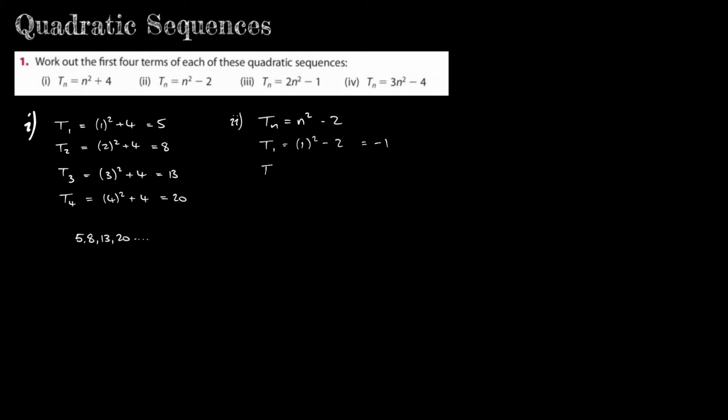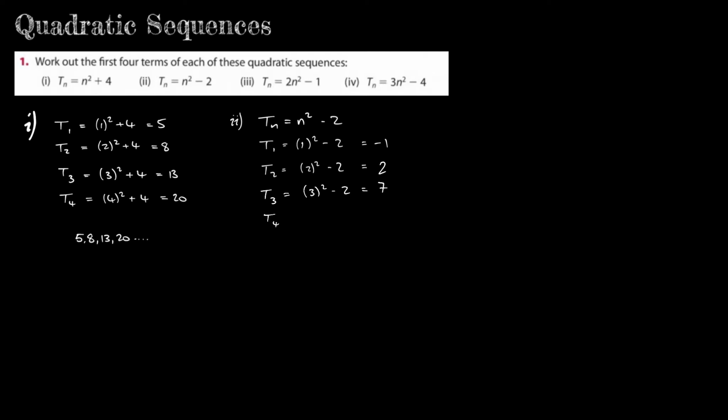T of 2 will be equal to 2 all to be squared minus 2. So 2 squared is 4. 4 take away 2 leaves me with 2. T of 3 will give me 3 to be squared minus 2. 3 to be squared is 3 times 3, which is 9. 9 take away 2 leaves me with 7.